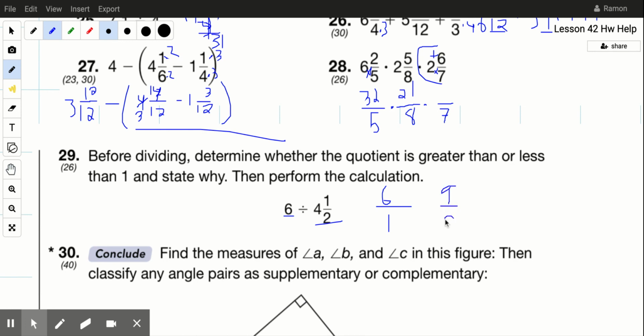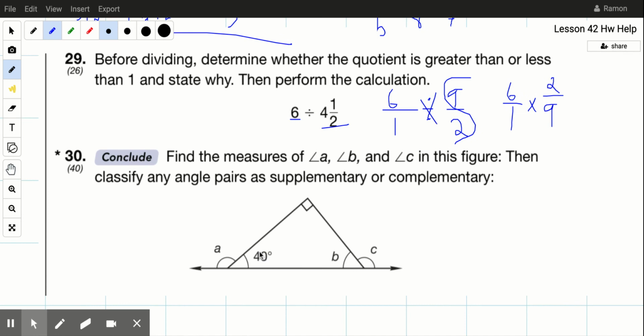It's also easy. And then we're dividing. Yes, we're still dividing because we have not done the keep, change, reciprocate. Keep this the same. Change division to multiplication. Take the reciprocal of the second fraction, which is 9/2, or the reciprocal is 2/9. Now that we've done keep, change, reciprocate, go ahead and multiply, simplify, and find your fraction.